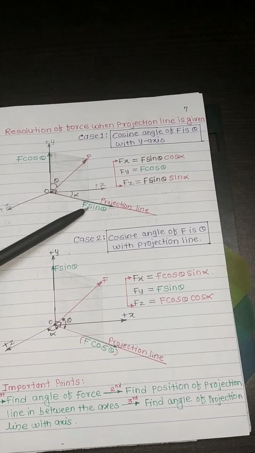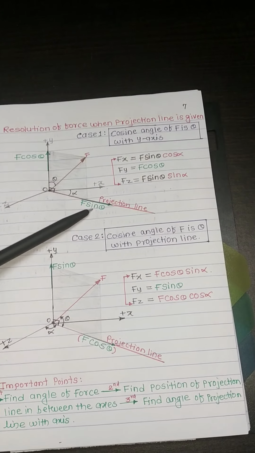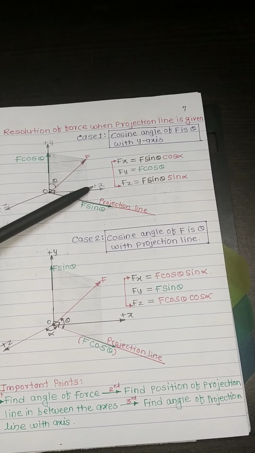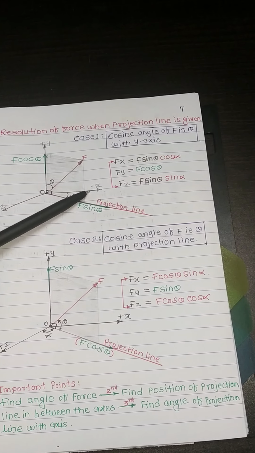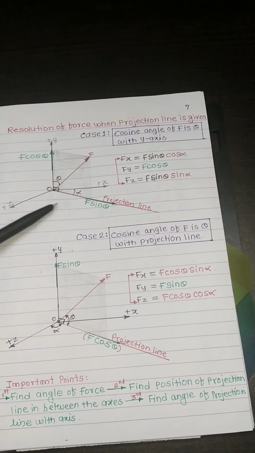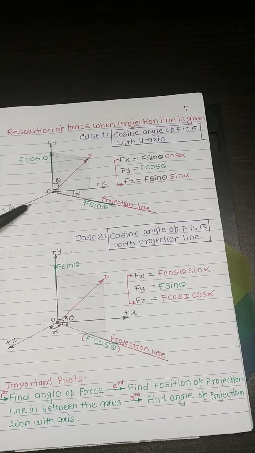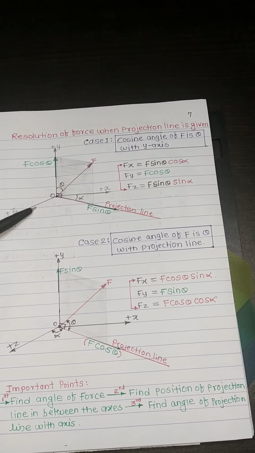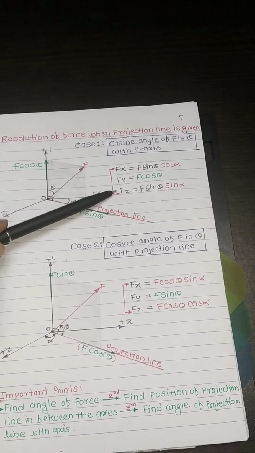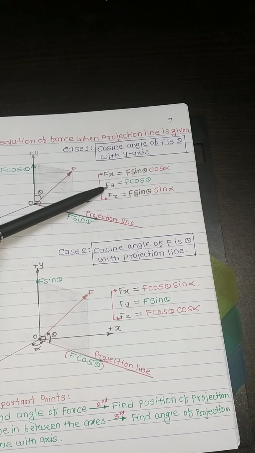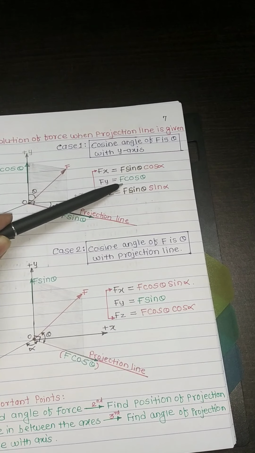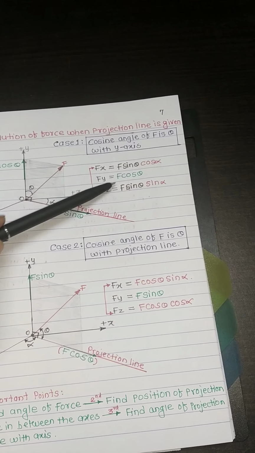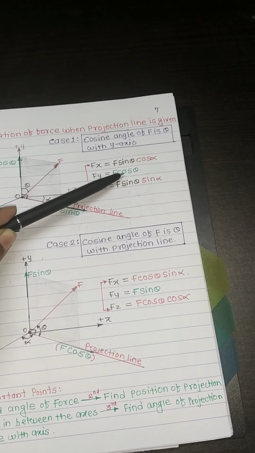So the component of F sin theta along the x-axis is F sin theta cos alpha, and the remaining component along the z-axis will be F sin theta sin alpha. Remember, in this case, a cosine direction is defined with the y-axis, therefore the y component is F cos theta.